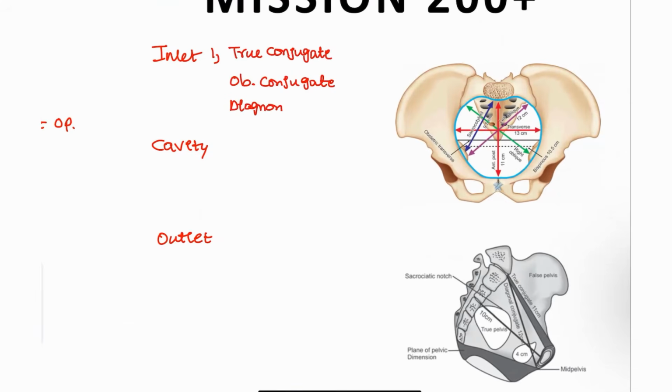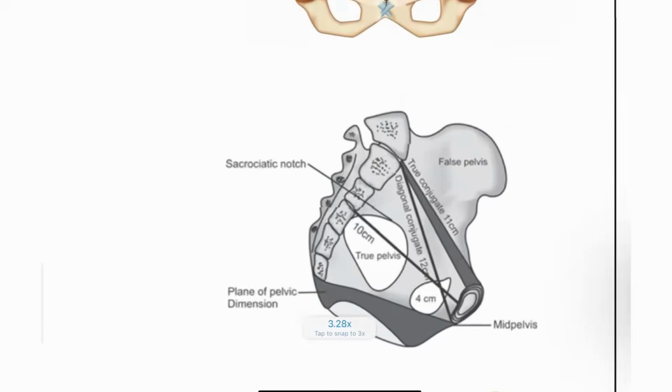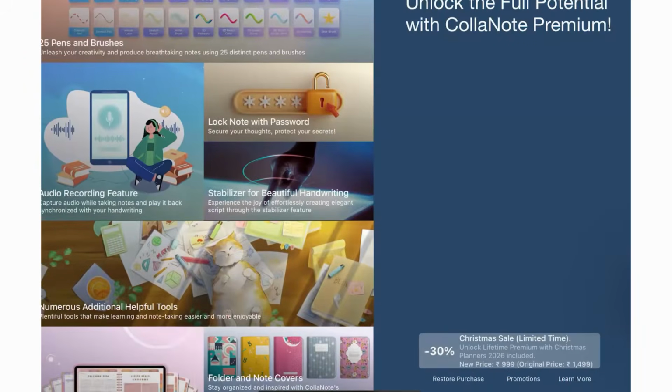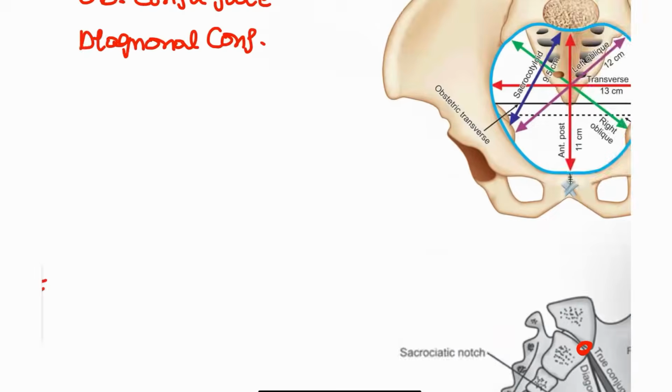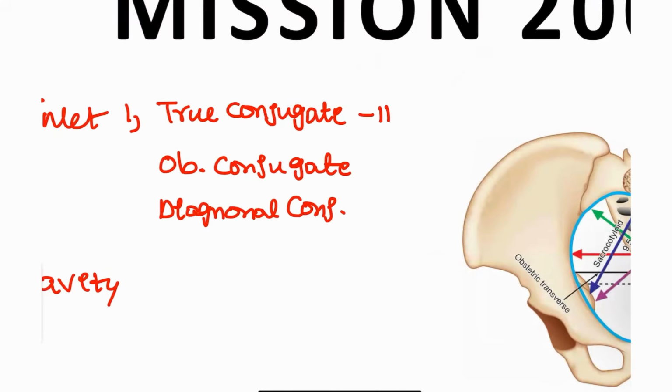These conjugates will help us understand the differences. Here in this picture you can see the true conjugate, guys. The true conjugate runs from the sacral promontory to the pubic symphysis, and it is around 11 centimeters.